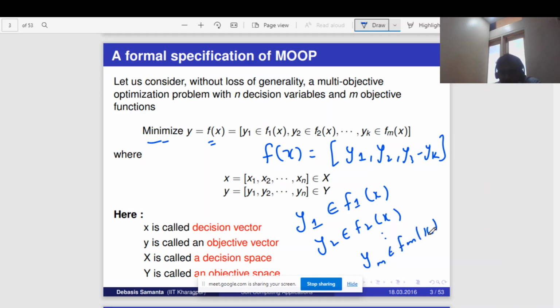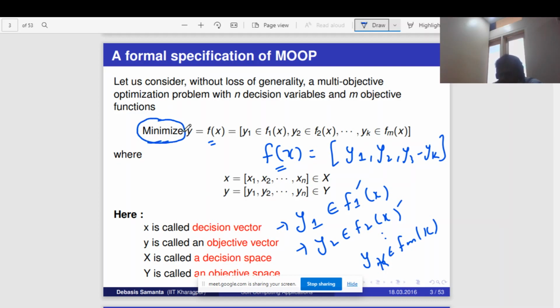It's yk because it's not only one y; there may be multiple y belonging to the same function. So the point is, this function itself contains multiple functions. This f of x you can call a bigger function. It contains y1, y2, y3, all these values, where each comes from f1 of x, f2 of x, up to fm of x. Each contains multiple functions. Some of the functions we want to maximize, and some we want to minimize, but as a whole, here we are mentioning only minimize. We are not mentioning maximize.